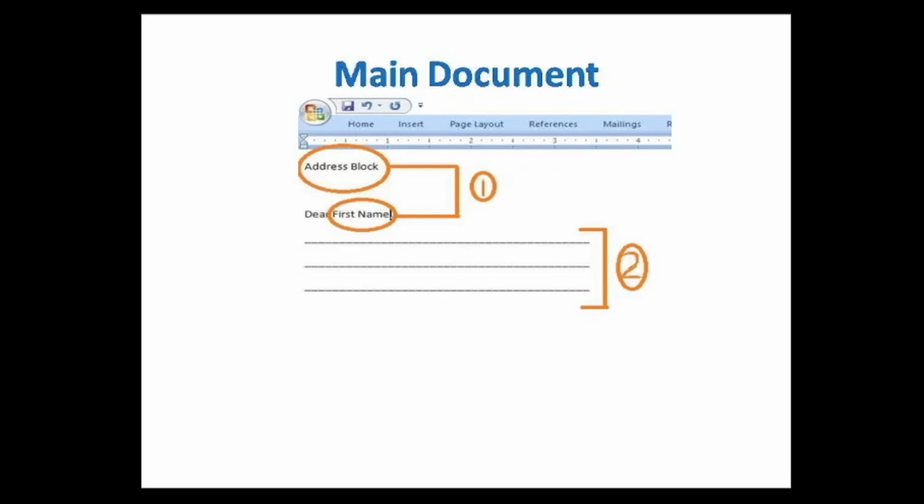And this section here is nothing but the body of the letter, which can be the same for each recipient. In the first part you can see that there are placeholders for each recipient's information.